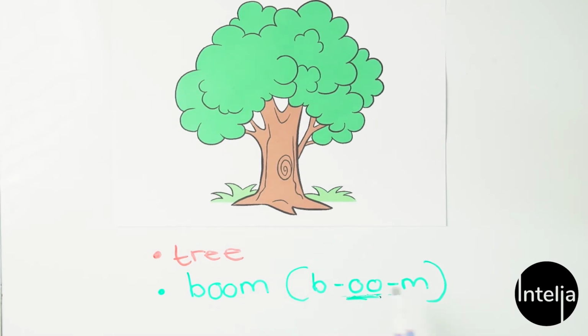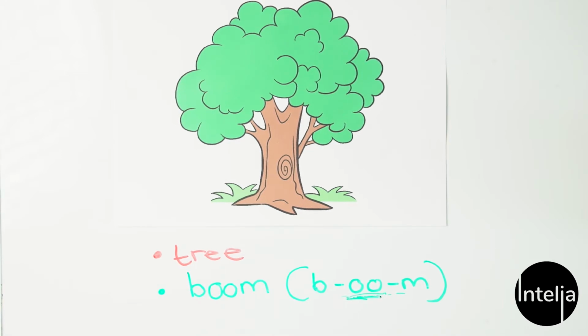Say that with me again. Ba, oo, ma. Boom. Say that again. Ba, oo, boom. If I broke it up, it would just be ooh, boom. But because of the two O's, that does boom.